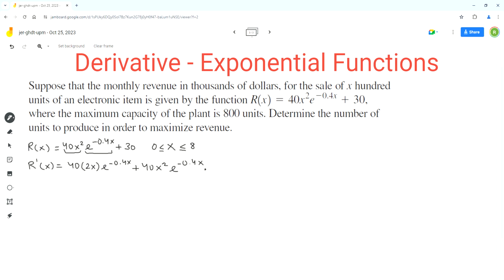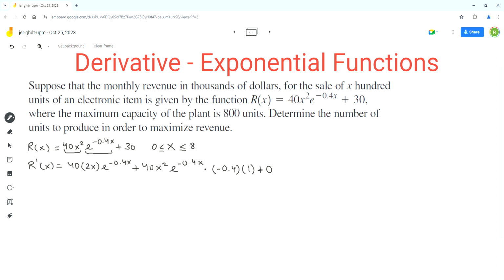Now the exponent is negative 0.4x, and in this exponent negative 0.4 is the coefficient, so it will stay as it is, and the derivative of x is 1, plus, now 30 is a constant, so its derivative is equal to 0.